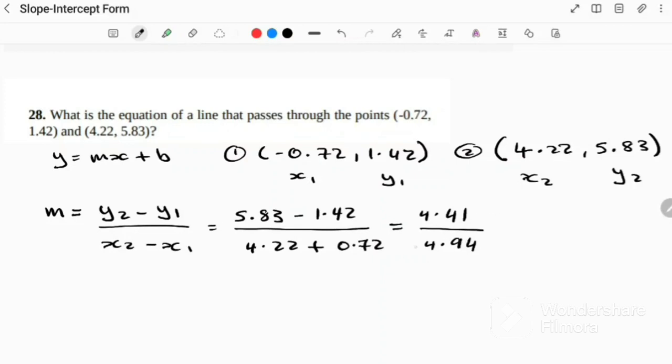This is a slope. For every 4.94 values of x that we move on our graph, we're going to move 4.41 values of y up because it's positive. You can further simplify if you have your calculator, and it will give you approximately 0.89.